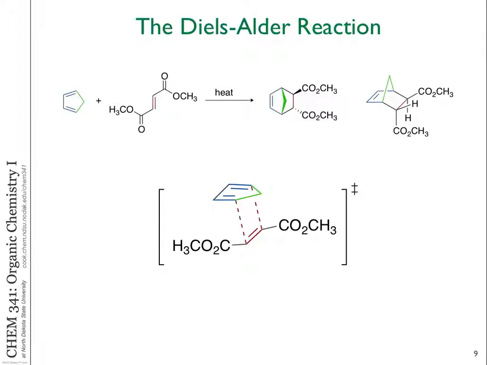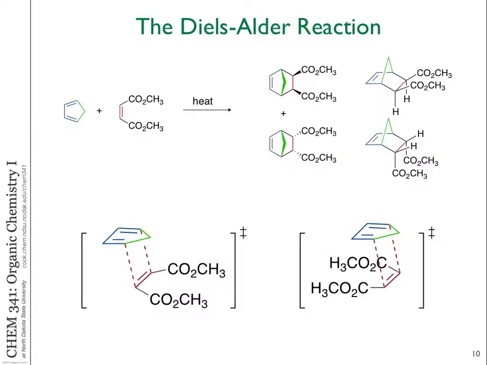But take a look at the example on the next slide where I have the cis double bond. All I've done is change the stereochemistry of the double bond. And now both of these ester groups are pointing in one direction. So now we have a possibility of forming two different diastereomers in this reaction.